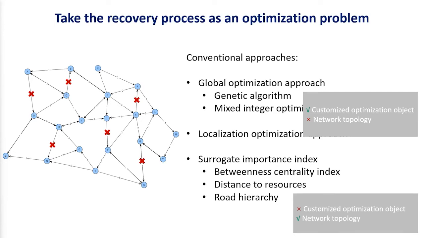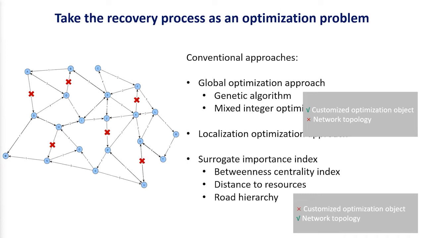For example, for the global optimization approach and the local optimization approach, it is easier for us to customize our optimization objective, which means we can always consider other factors such as traffic load, connectivity, or even nearby communities in our optimization objective.